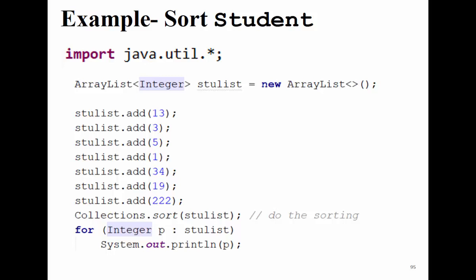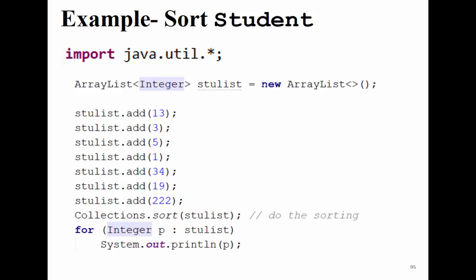Even in Android Studio, if you try to define an array list or a set, it will show that in red. You can press Alt, Enter, and import it automatically, or you can explicitly write import java.util.*; This will import everything for you. So you can ask Collections.sort.